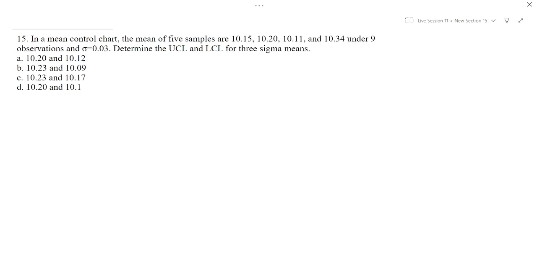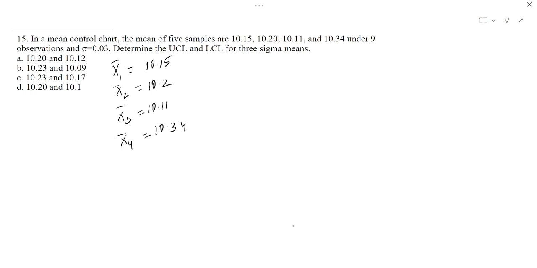Now the next question. In a mean control chart, the means of 5 samples are as given. So we will write the means of the samples: X1 bar is equal to 10.15, X2 bar is equal to 10.2, X3 bar is equal to 10.11, X4 bar is equal to 10.34.